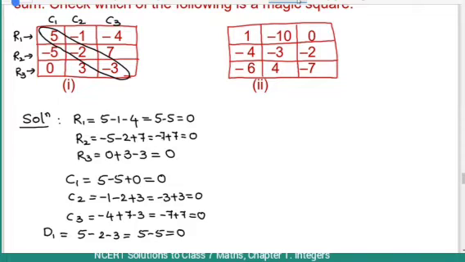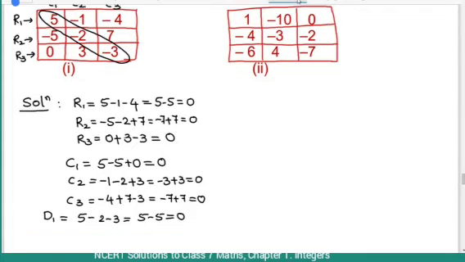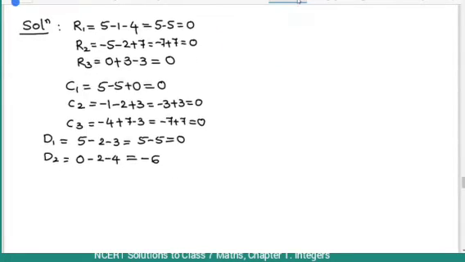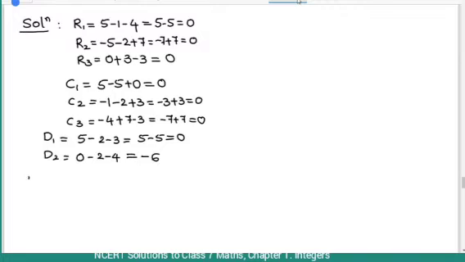And second diagonal, that is 0 minus 2 minus 4, that is equal to minus 6. Here all the rows, all the columns are 0, but diagonal 1 is 0, whereas diagonal 2 is not equal to 0. Therefore, this box is not a magic square.